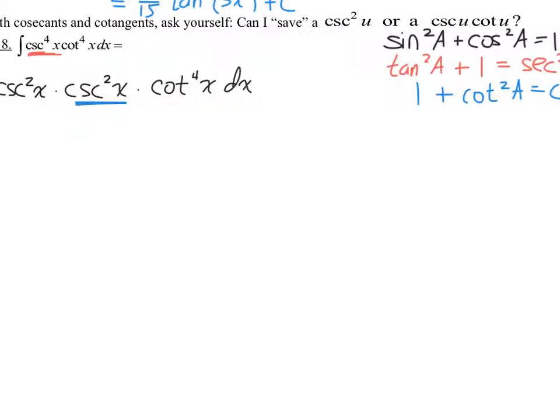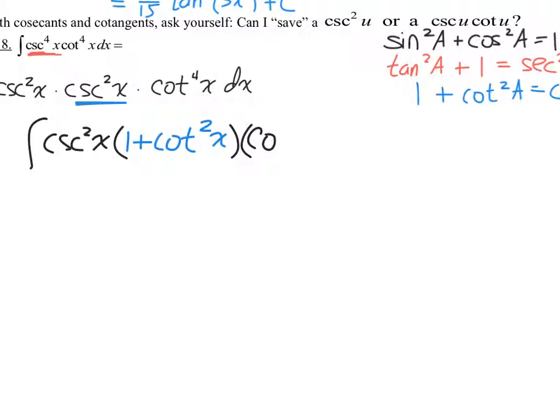So I'll just take this one for example. So cosecant squared x times 1 plus cotangent squared x times the cotangent to the fourth that's already there.